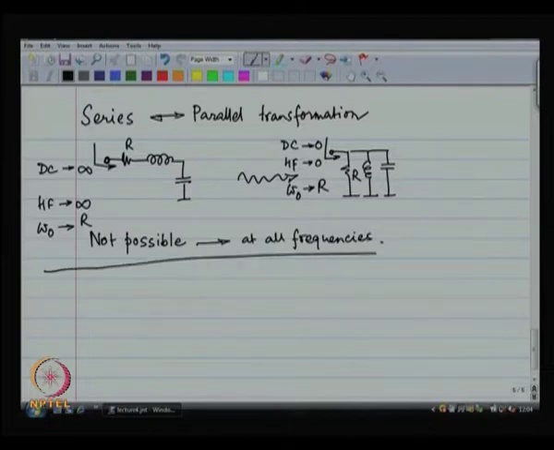So, if I want to create a series RLC network that mimics a parallel RLC network, then point blank the answer is that it is not possible. However, if I want to create a series RLC network that mimics a parallel RLC network at resonance, it is possible to make such a thing.